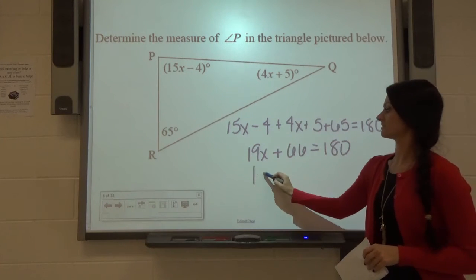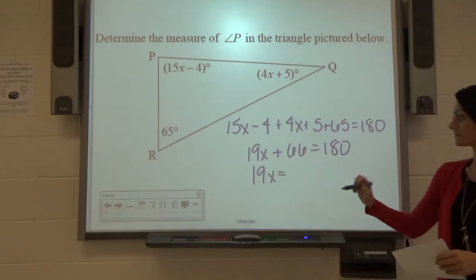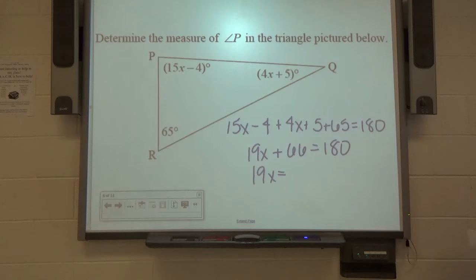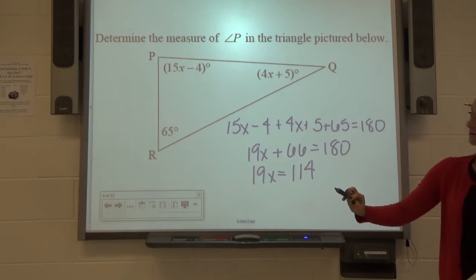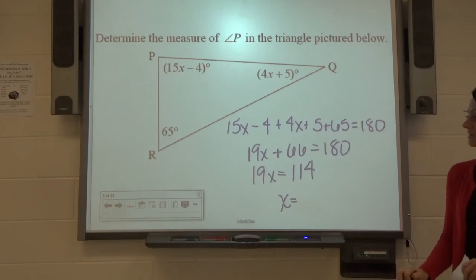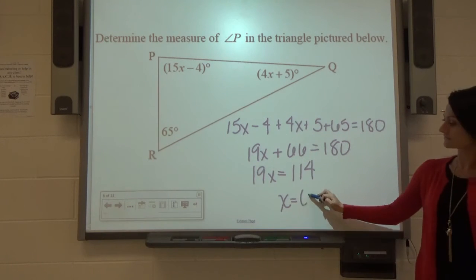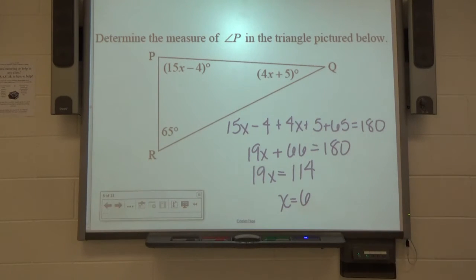So this would then lead to 19x is equal to 114, which ultimately tells me that x would be equal to 6. But they didn't want us to find the measure of the variable x.